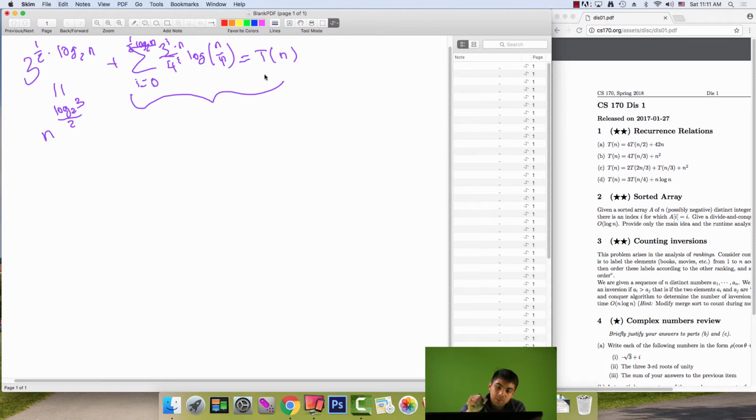Okay, so we looked at this summation that represents our recurrence T of n. And looking at this first term, we also showed that it can be re-expressed as n to the power of log base 2 of 3 over 2.